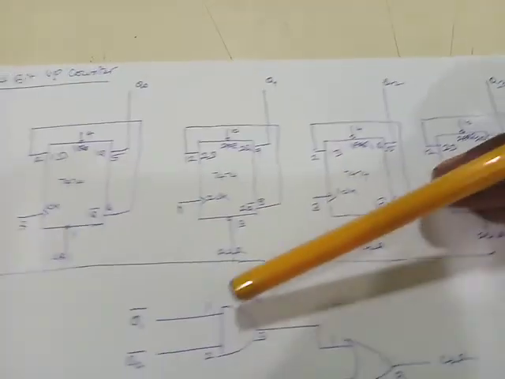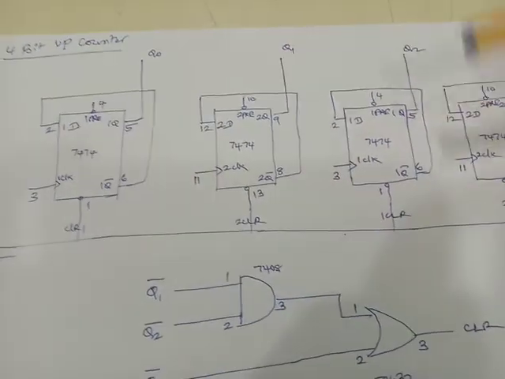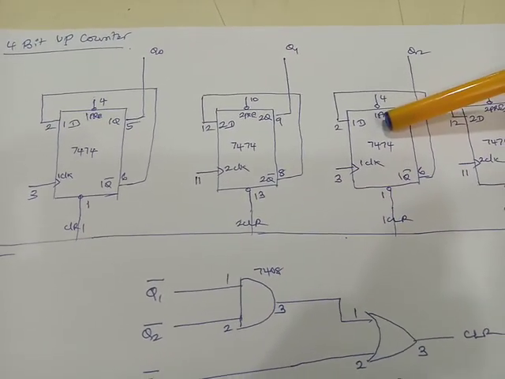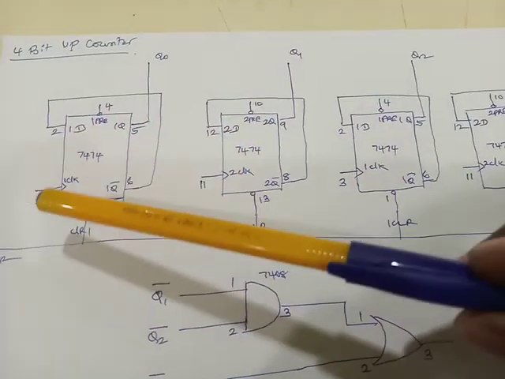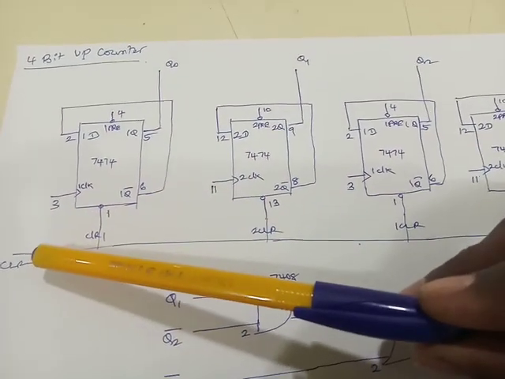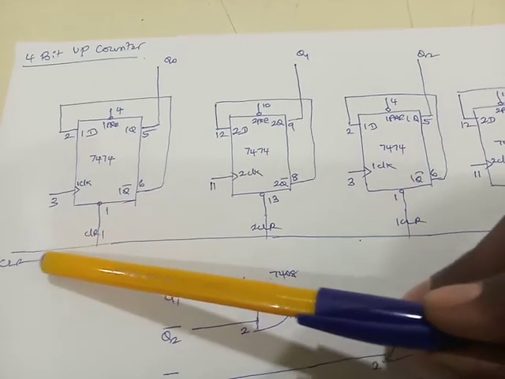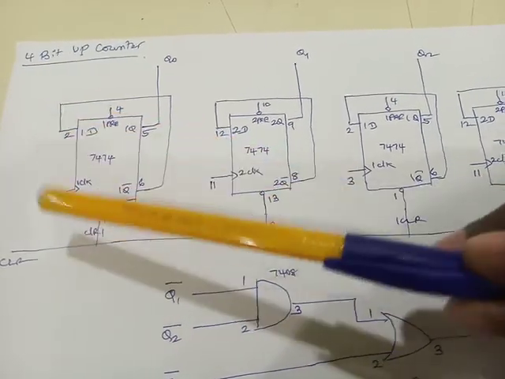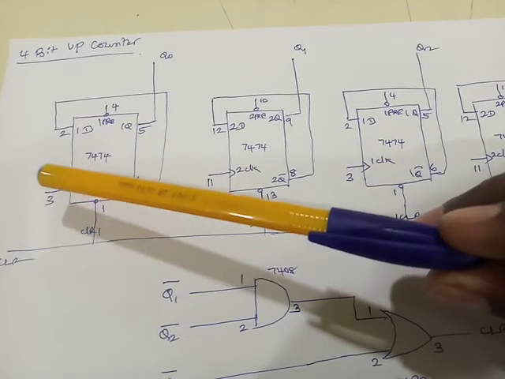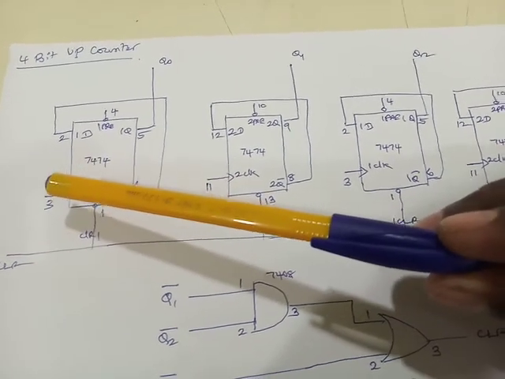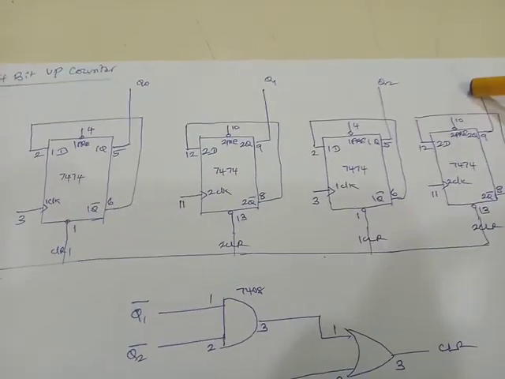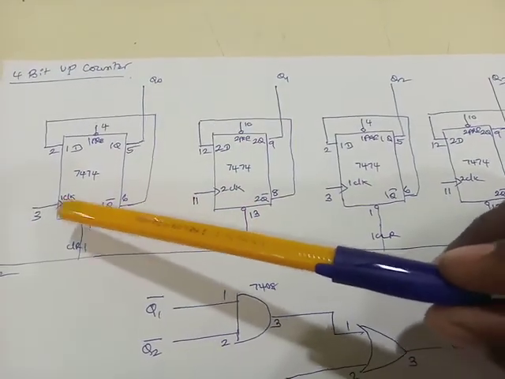We are going to rig up the circuit as per this connection. We connect 3 inputs: one is clear, one is preset, and one more is the clock. If you press the clock, I will get 0000.